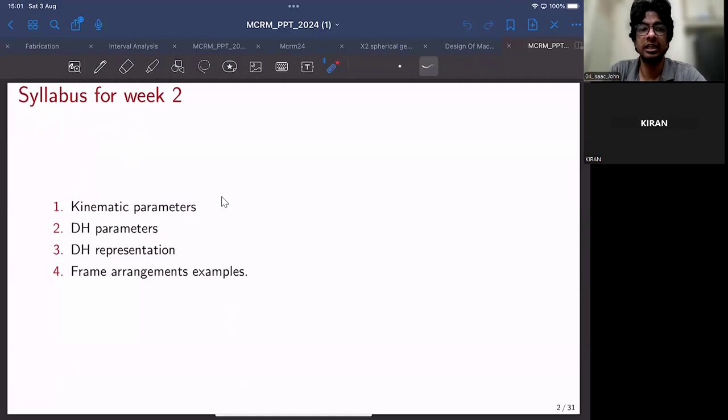It's essentially a well-known procedure, or a well-known algorithm, where you can represent the motion of interconnected rigid bodies using something called DH parameters. And we have also explained with a few examples how to assign DH parameters to a robot, and using the DH parameters, how to derive the kinematics of a robot manipulator.